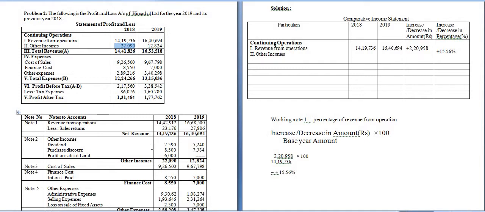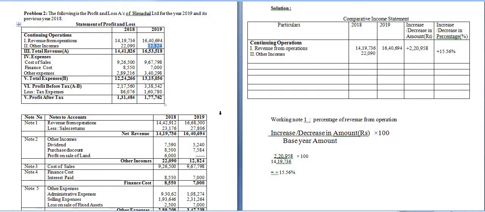Here you can check the details of how the firm has earned this: dividend is 7,590, purchase discount 8,500, and profit on sale of land is 6,000. So the total other income of the firm is 22,090 rupees in the year 2018. Now in the next year 2019, how much?